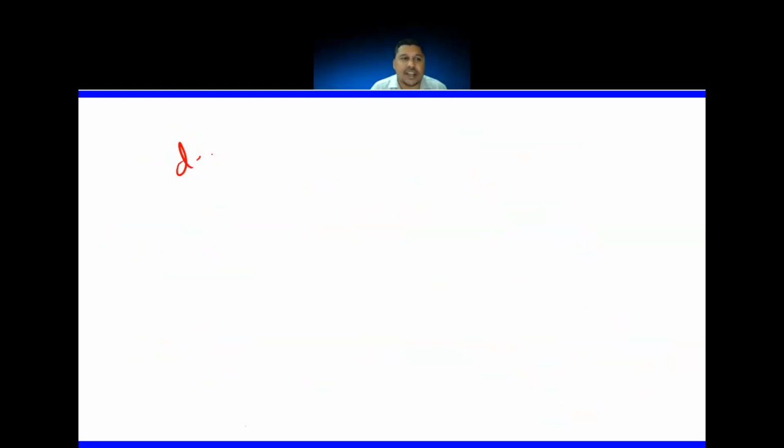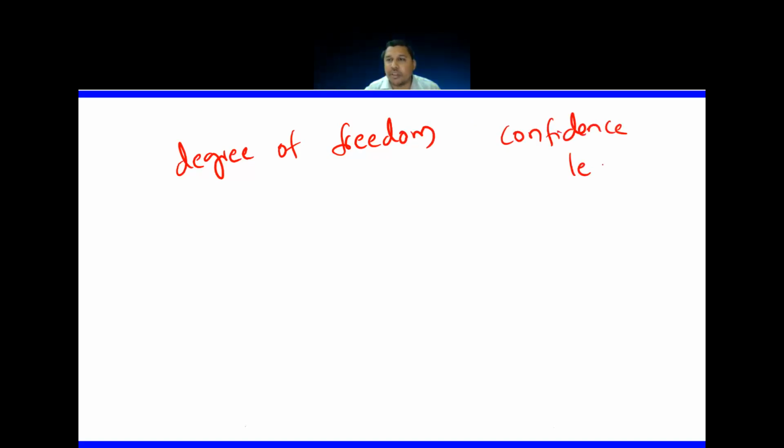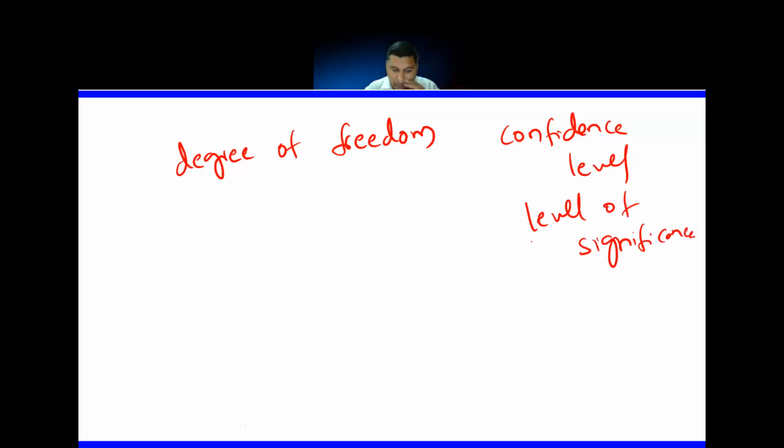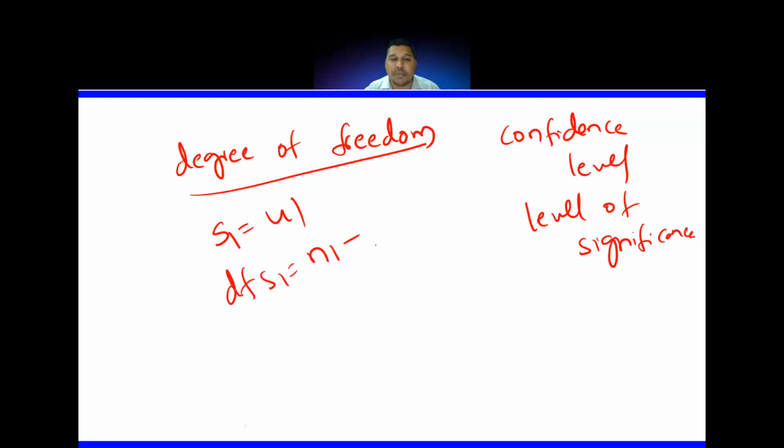Okay. So somebody is asking about degree of freedom. See, this is also linked with the confidence level or level of significance. Degree of freedom means, suppose the sample size of S1 in the previous problem was 41. I have taken the degree of freedom of S1 as n1 minus 1, that is 40. It means I have freedom of this 40.